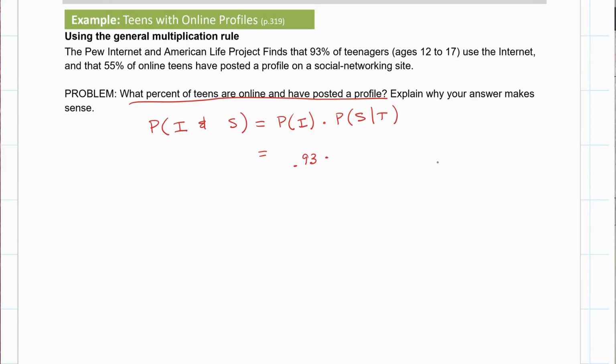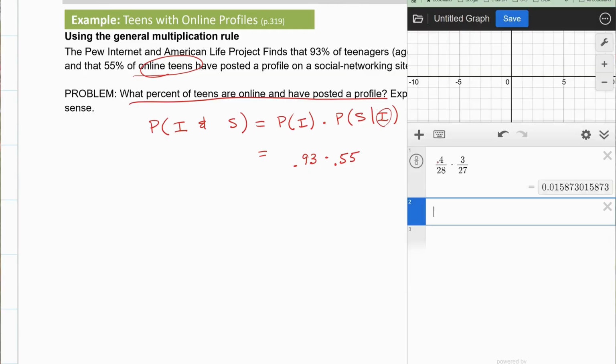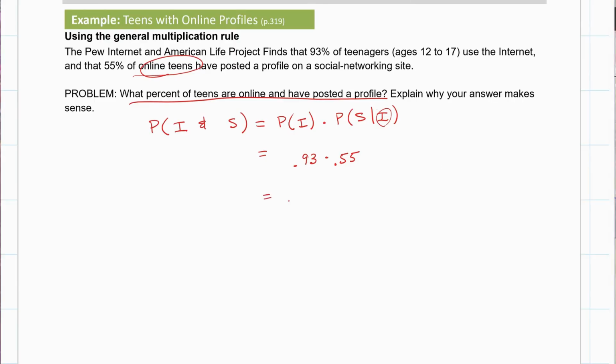And then amongst the online teens, amongst those that are online, 55% were doing social networking. And again, if we put those numbers in, 0.93 times 0.55, we get 51.15%, 0.5115 there. All right.